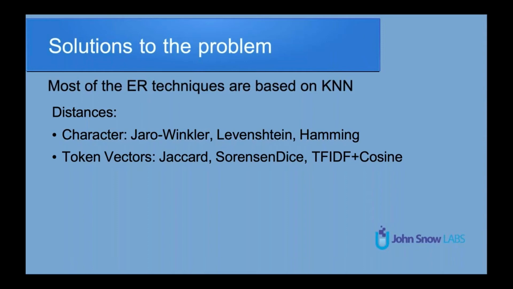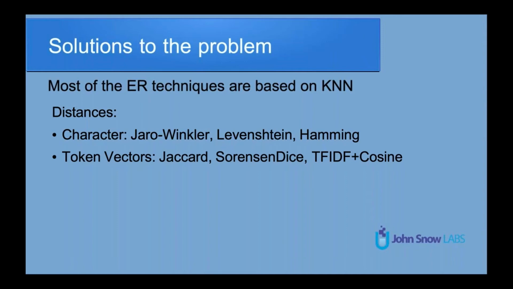Mainly Jaccard says, okay, you have this percentage of tokens in common between these two sentences. Then Sorensen-Dice is pretty similar to Jaccard, but it doesn't deduplicate tokens. It just uses all the tokens. Jaccard actually deduplicates tokens.